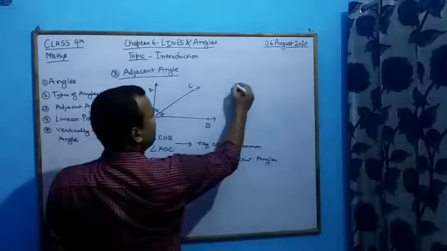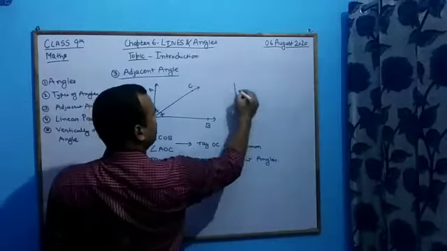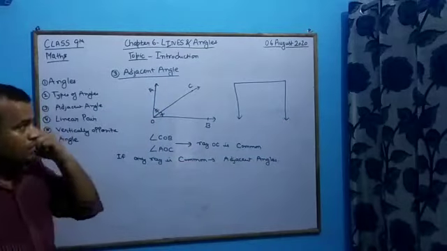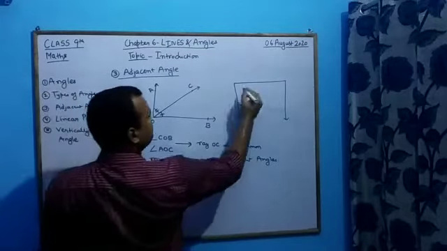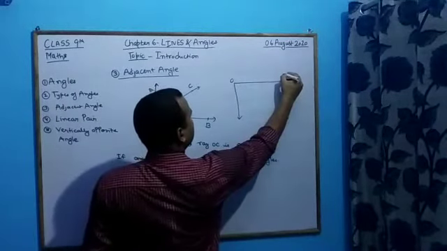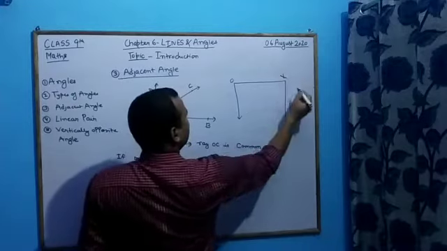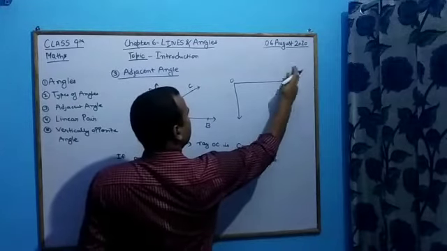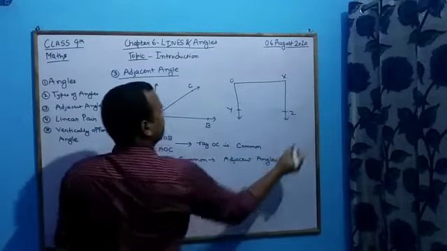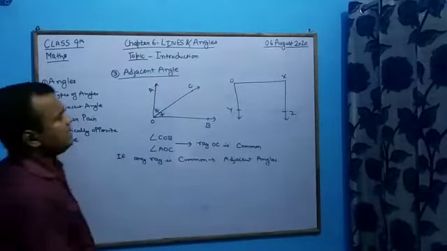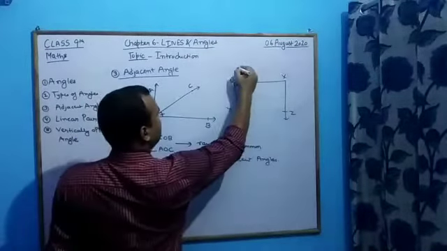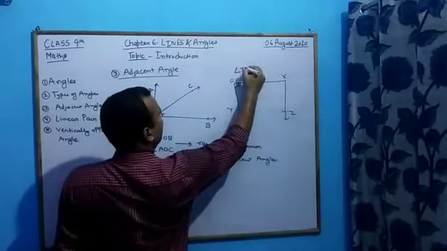Let us take another example. Let us mark it as O, X, Y and Z. Here let us take two angles. This angle is angle YOX.